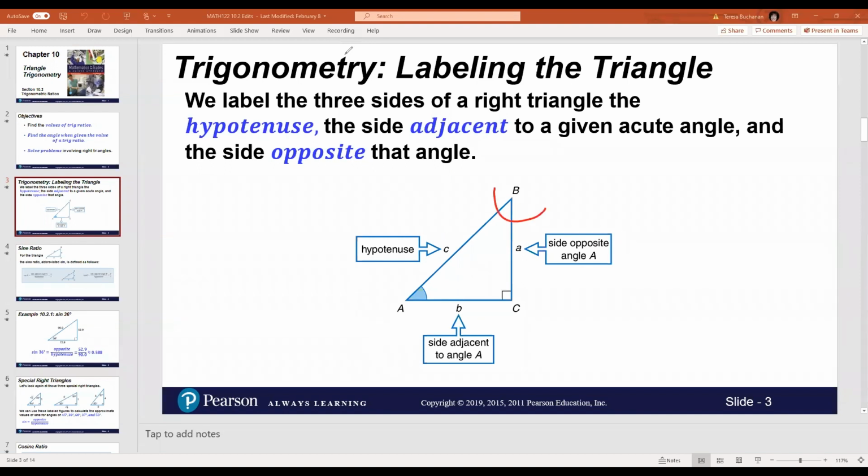For angle B, the side opposite is this one. For angle B, A is the side adjacent. When we start orienting to using that language, we'll need that.